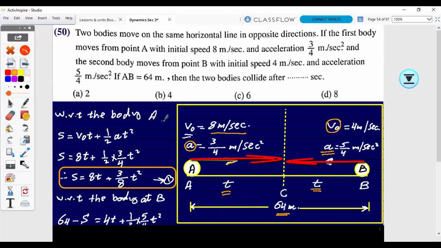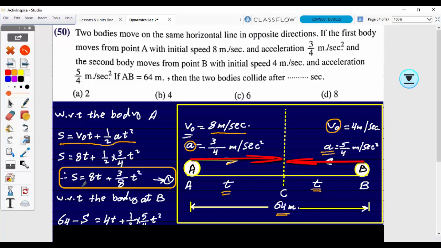With respect to the body A, we have s equals v naught t plus half a t squared. It's a rule. So s equals, substituting v naught equals 8, s equals 8t plus half multiplied by 3 over 4, which is the magnitude of the acceleration, times t squared.